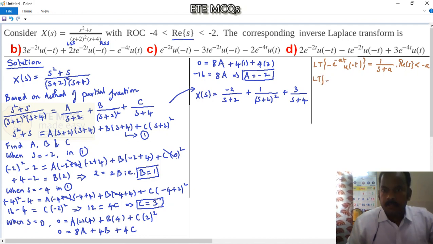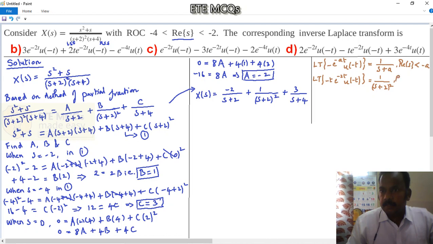Laplace transform of minus t into e power minus 2t into u of minus t is equal to 1 divided by s plus 2 the whole squared.